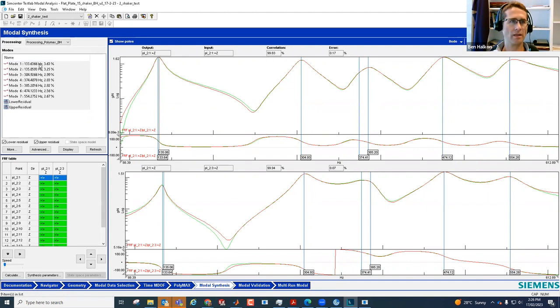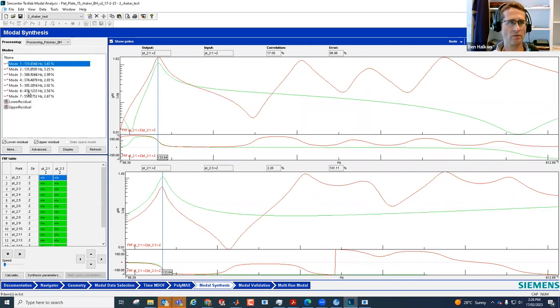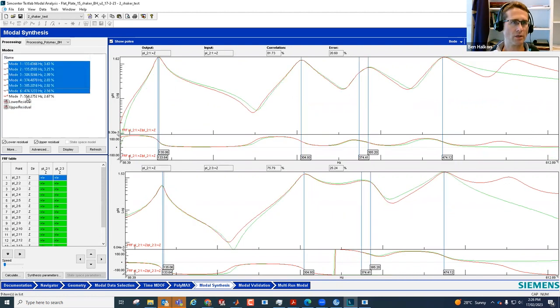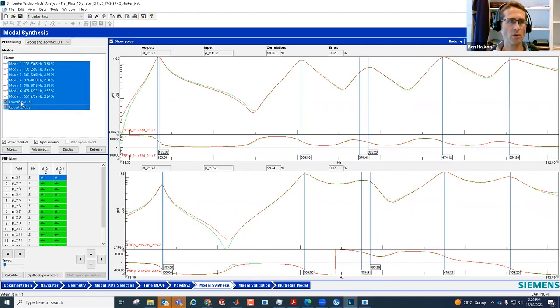So you can see here that I've selected all of these 7 modes plus the upper and lower residuals. The upper and lower residuals, by the way, are the bits that we need to include at the upper part and the lower part of the FRF band, that represent anything that's happening below here, rigid body modes, or if we've chosen a different band, we might have some dynamic modes that we deliberately ignored.